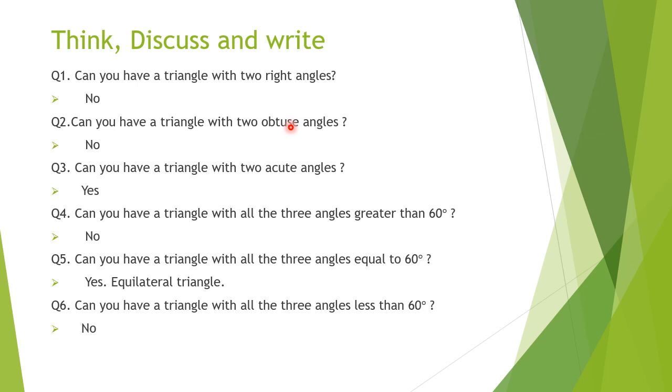I take round numbers so that we can do the calculation faster. 100 degrees and 110 degrees. Adding, what do we get? 100 plus 110 is 210. You get 210.